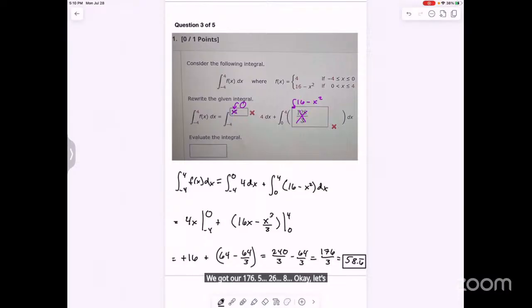Okay, let's back up some more. 0 minus -16, so that becomes positive. Okay, when we plug in a 4, 40 plus 24 is 64. 16 times 4, 64 over 3. Did I subtract those? Yeah. When we plug in 0, we get 0.